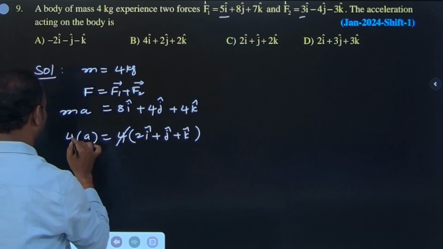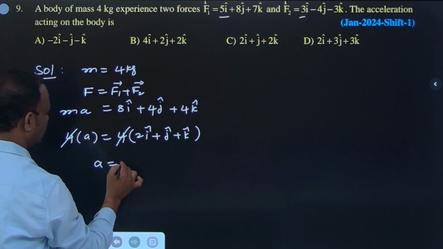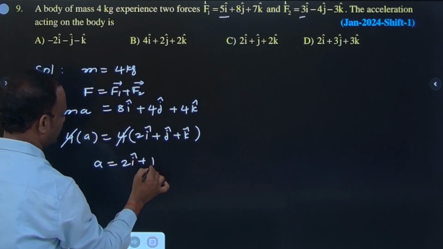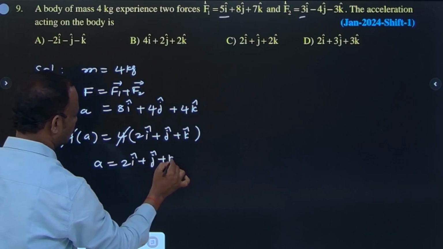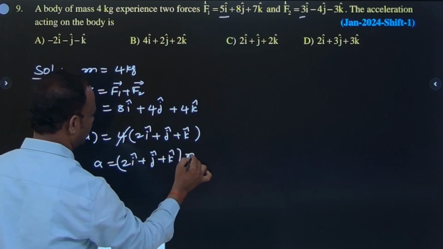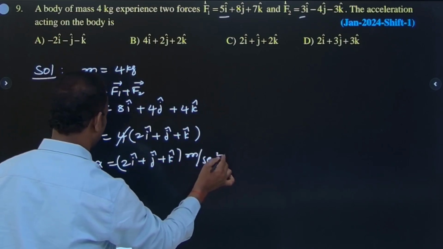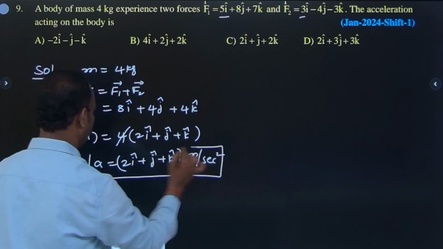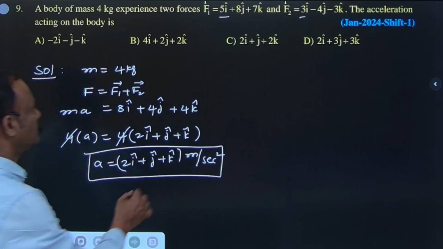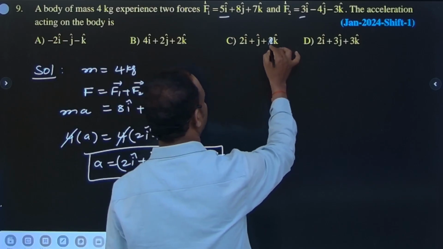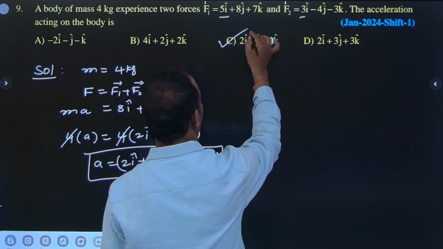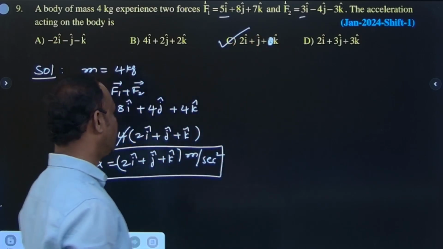So 4 and 4 cancel. A is equal to 2 I cap plus J cap plus K cap meter per second square. So this is our answer. Option C is a printing mistake, it's a K cap. So the answer is 2 I cap plus J cap plus K cap.